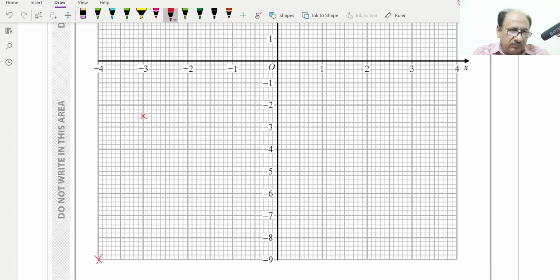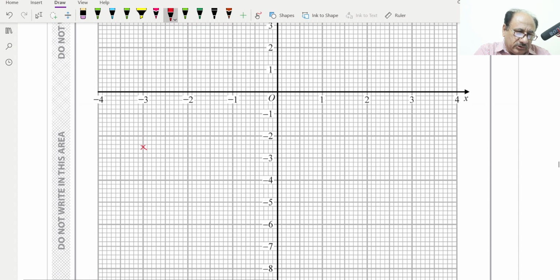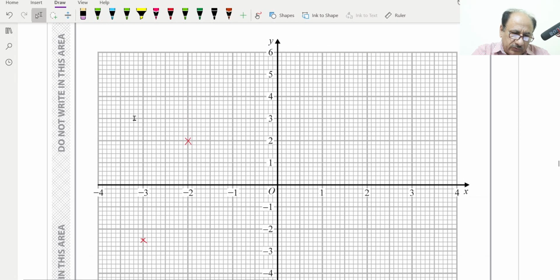And next is minus 2 and 2, so minus 2 and 2 will be this point. Then minus 1 and 4.5, so 4.5 will be over here roughly. Then 0 and 5, 0 and 5 is over here. Then 1 and 3.5, so 1 and 3.5 is almost this point, and 2 and 0 will be this one.